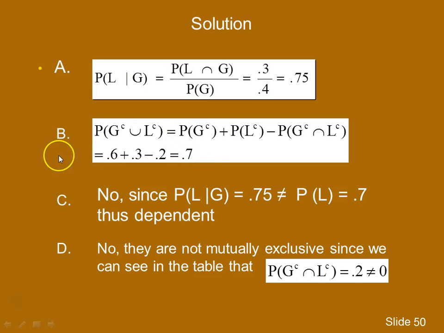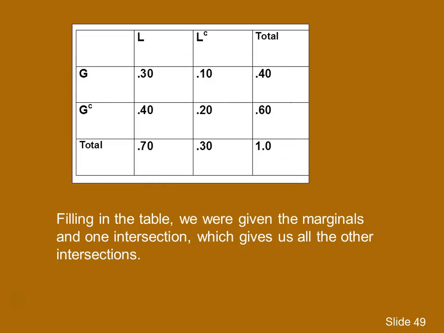You might notice, using a table, you can kind of visualize a union, because a union is going to be everything in one of the rows plus everything in a column, but then don't double count the intersecting point. That is, we wanted everything in the G complement row, with this 60%, 0.6, everything in the L complement column, this 30%, but when we count this row and we count this column, this 20% or 0.2 got double counted.